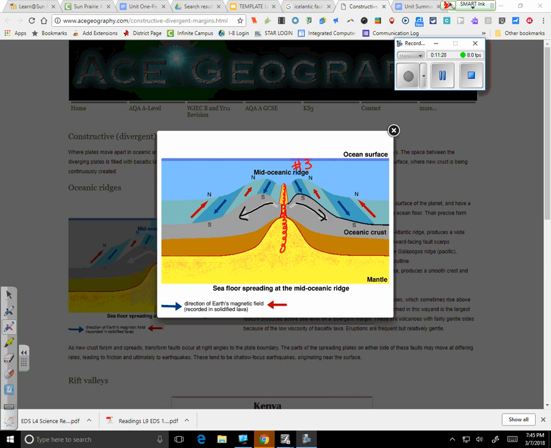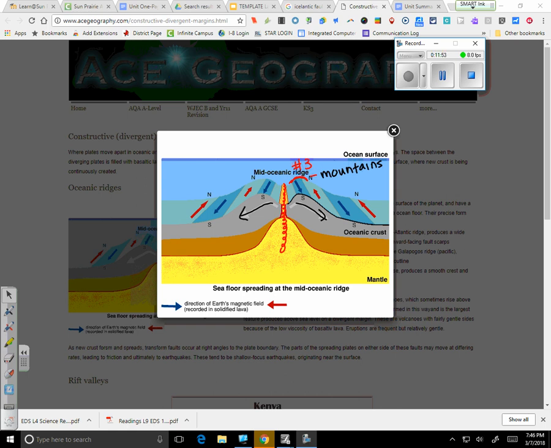You notice the bulge? And so those are mountains. Again, the magma comes up through the hole because the plates are dividing or separating. The lava hits the ocean water, cools, creates a bulge, and eventually creates mountains.